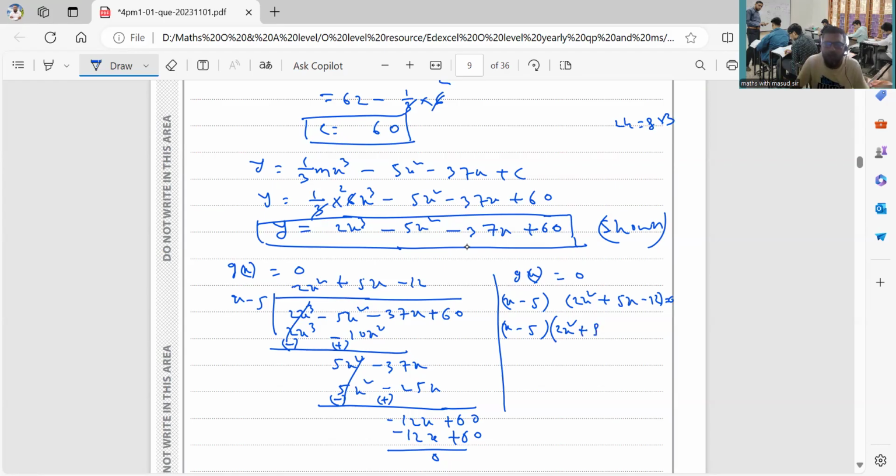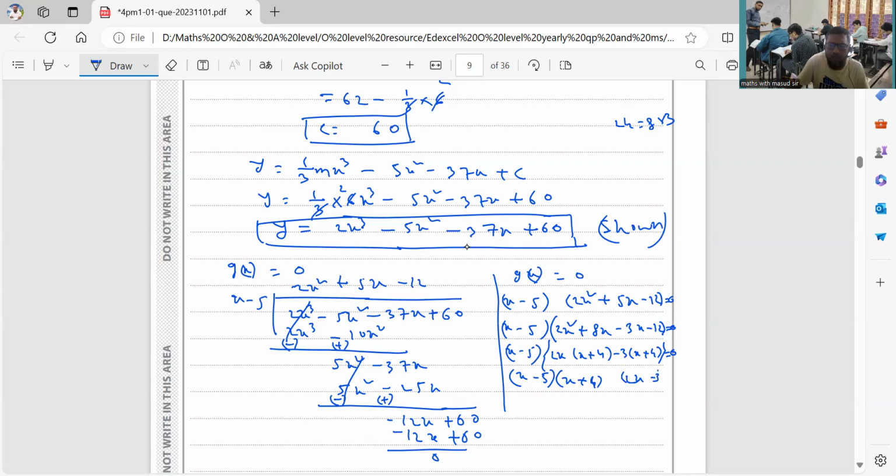So you can write 8x minus 3x minus 12. And x minus 5. If you take 2x common, it will be x plus 4, and minus 3 common, it will be x plus 4. So finally, x minus 5 is one factor, and in the middle term break, the common factor is x plus 4 and the uncommon factor is 2x minus 3.